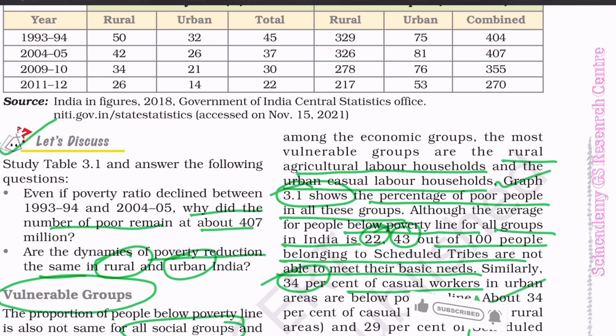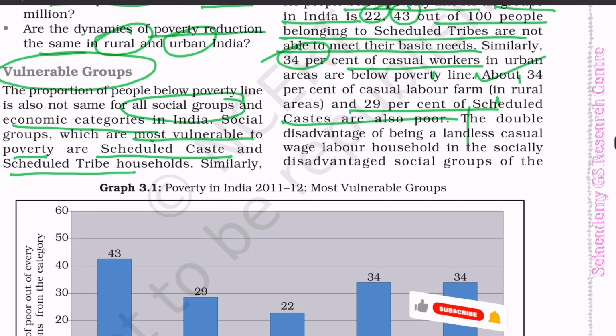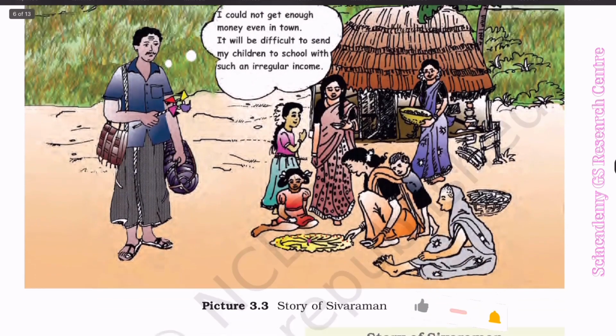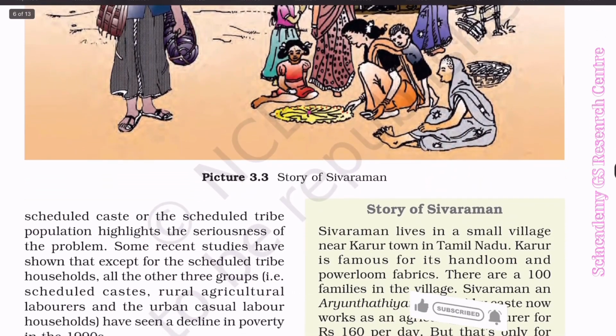About 34% of casual labor households in rural areas and 29% of scheduled castes are also poor. The double disadvantage of being a landless casual wage labor household in the socially disadvantaged scheduled caste or scheduled tribe population highlights the seriousness of the problem.